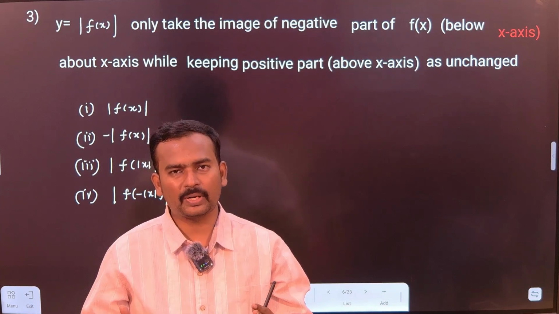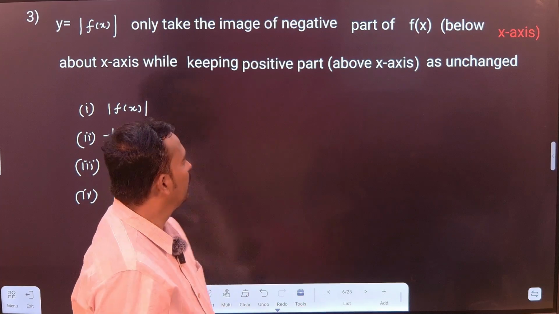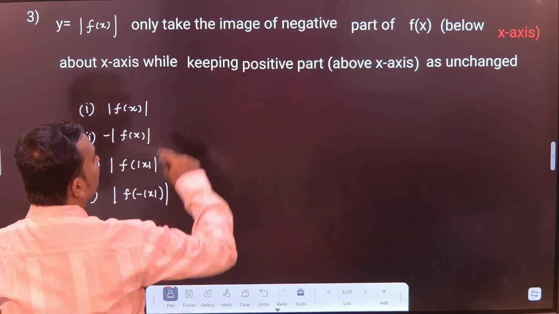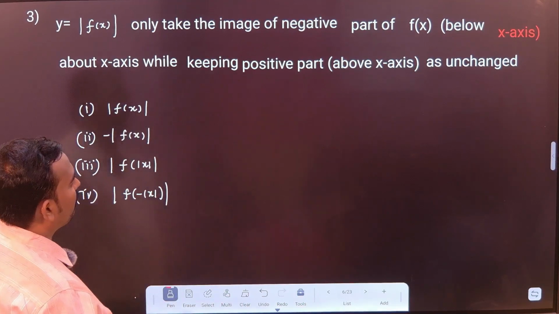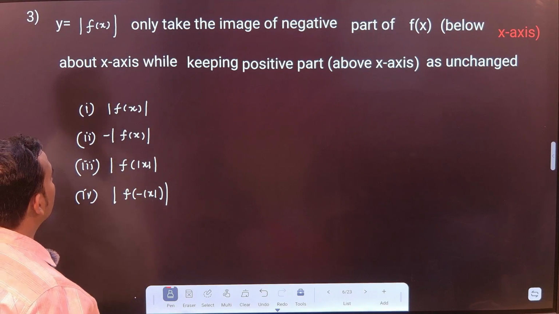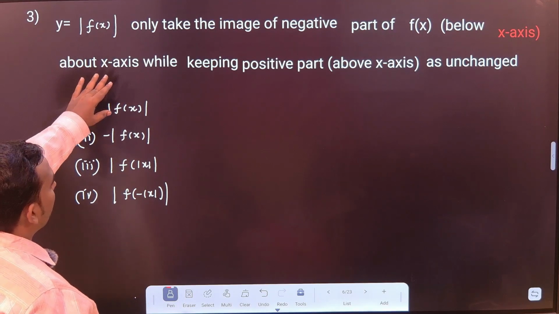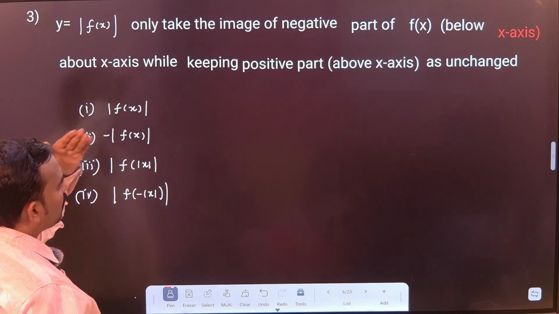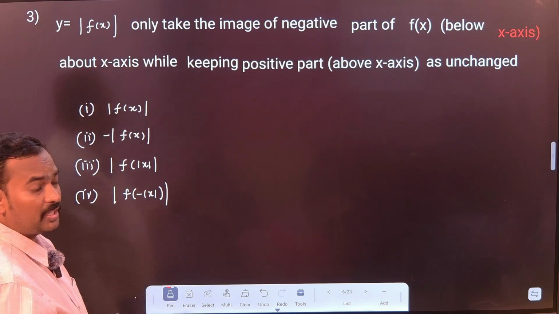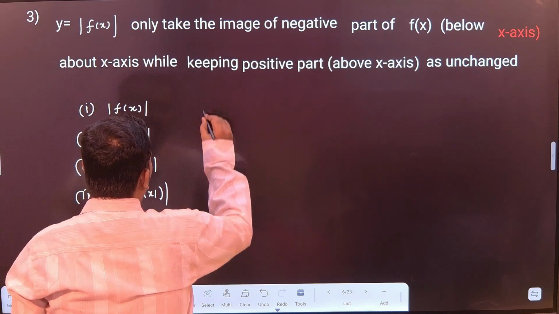Because mod is converting to positive, right? Only take the image of the negative part of f of x, that means below the x-axis, about the x-axis, while keeping the positive part unchanged.